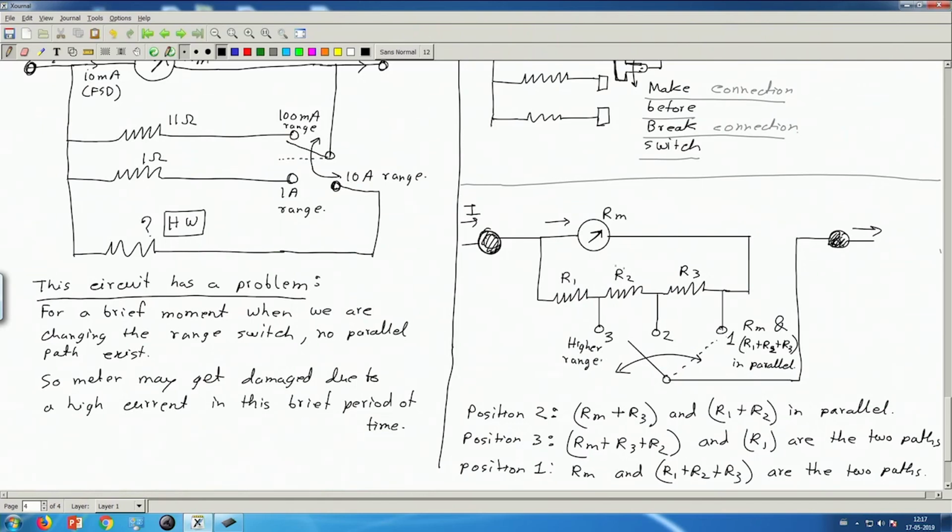In position 1, if I put this switch here, the shunt resistance is now higher, R1 plus R2 plus R3, compared to Rm alone. For this position, more current goes through Rm and comparatively less current goes through the parallel path. So this is the lower range.